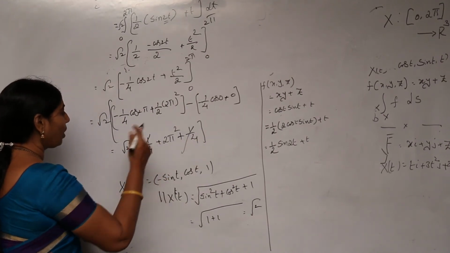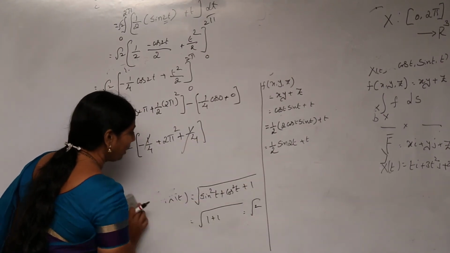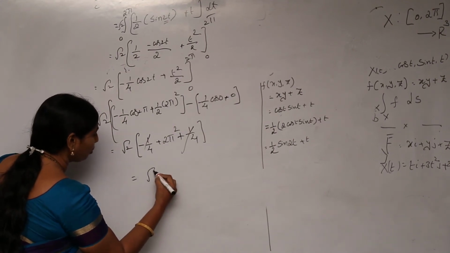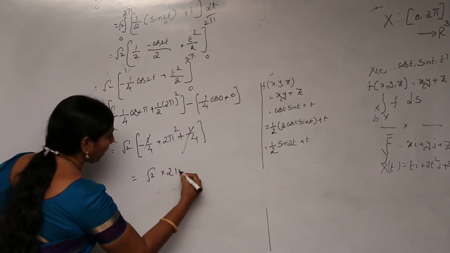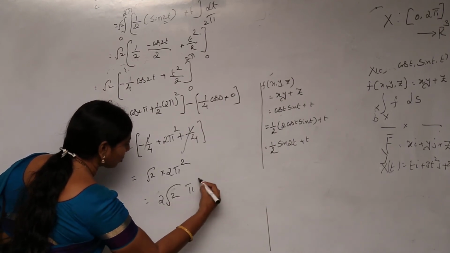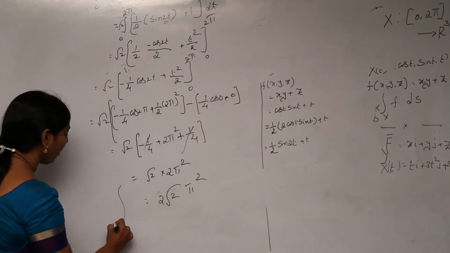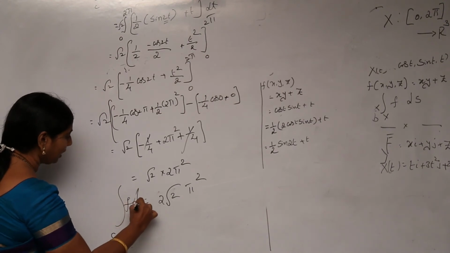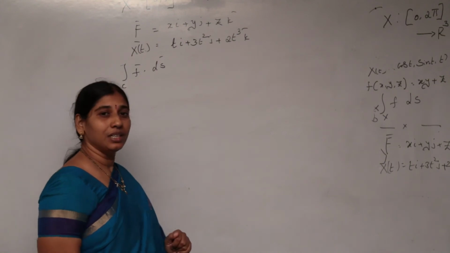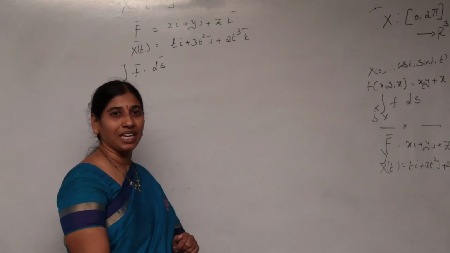So minus 1 by 4 plus 1 by 4 cancel each other. So there remains root 2 into 2 pi square, or else 2 root 2 pi square becomes the value of the integral f ds.